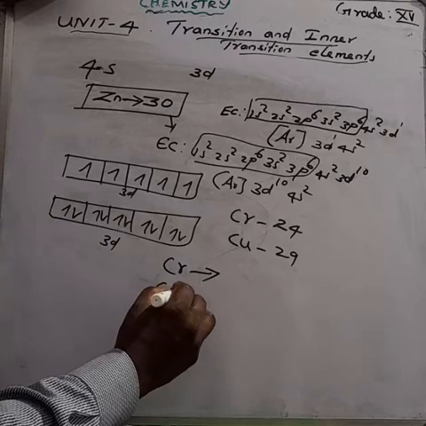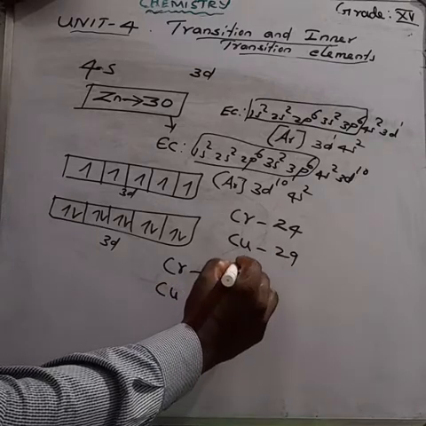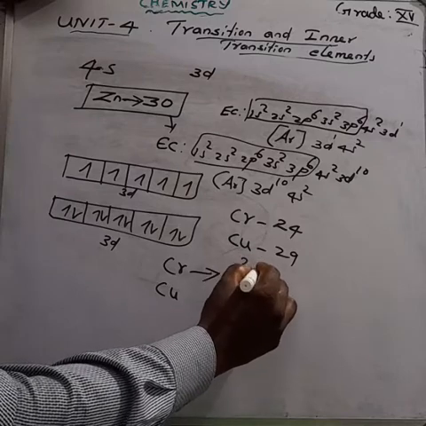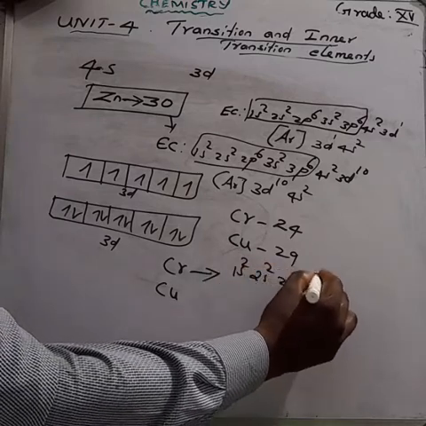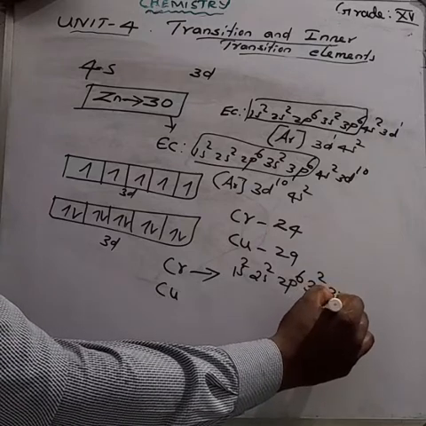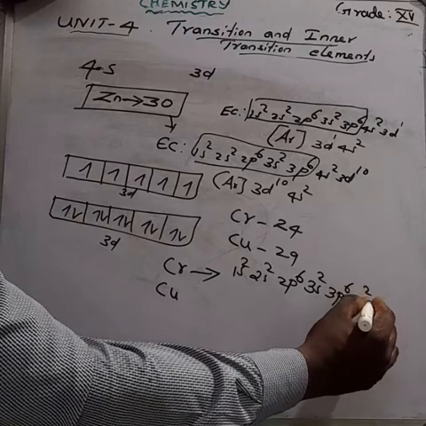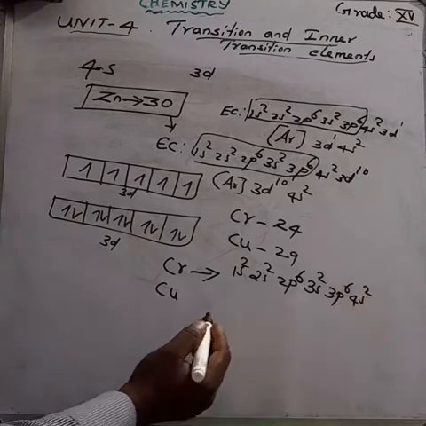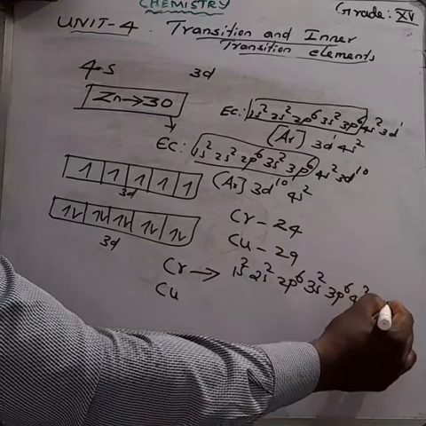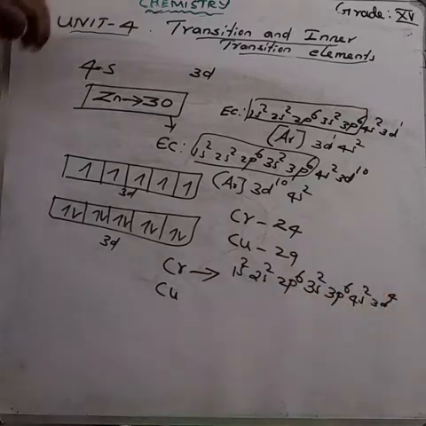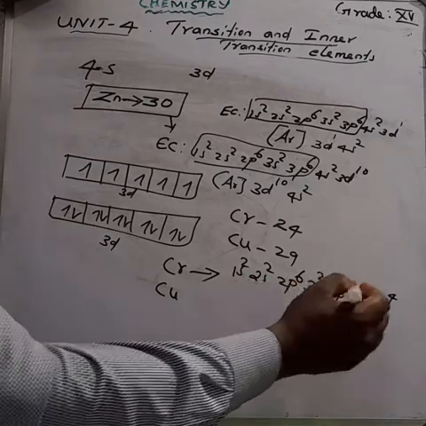Actually, writing the electronic configuration of chromium, atomic number 24: 1s2, 2s2, 2p6, 3s2, 3p6, 4s2, 3d4. That is the expected form, but it is not the correct form.